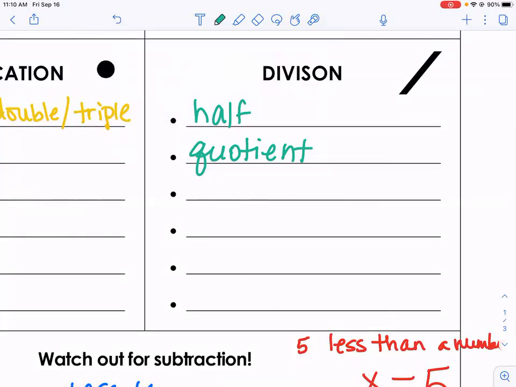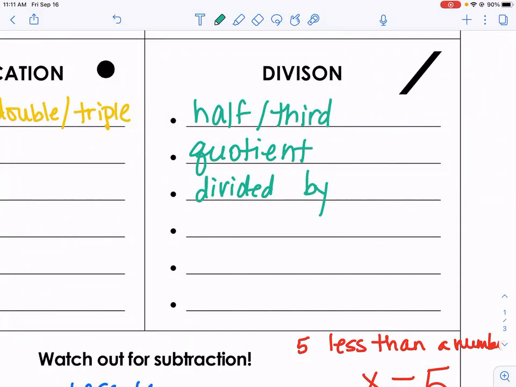Anything else? Oh, I'll give you a very simple one. Divided by, right? I mean, that one should scream like hello. Along with the half, sometimes we might think or we might see third, okay?